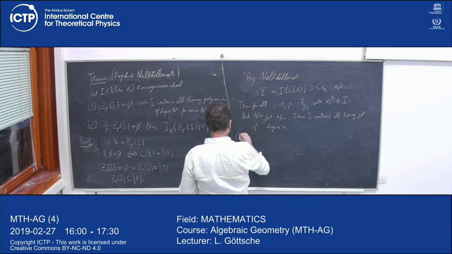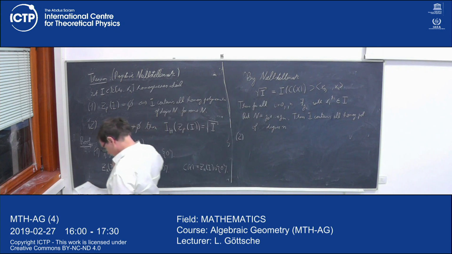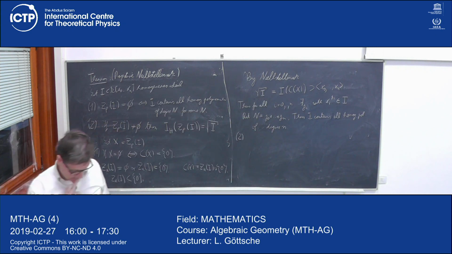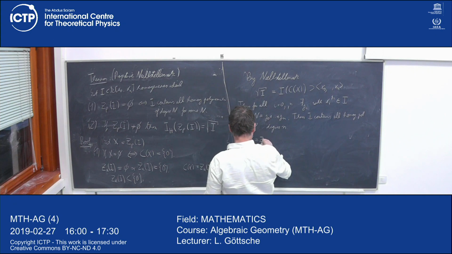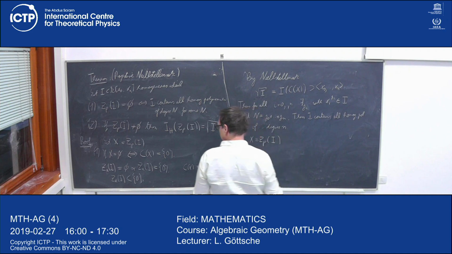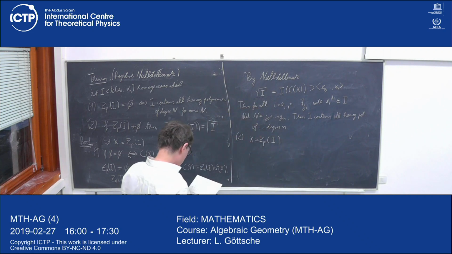And now the second statement is simpler. So we take X equal to the projective zero set of our homogeneous ideal I. Well, we have this already.